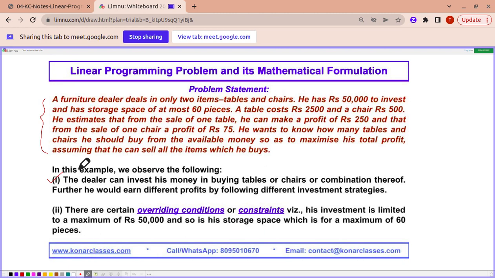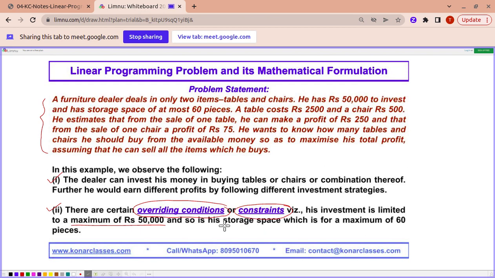So, that you will see in the next slide. But before that I should discuss that there are certain overriding conditions or constraints. I already mentioned what they are. The first constraint is that he has a maximum of rupees 50,000 to invest, and this is the investment constraint.